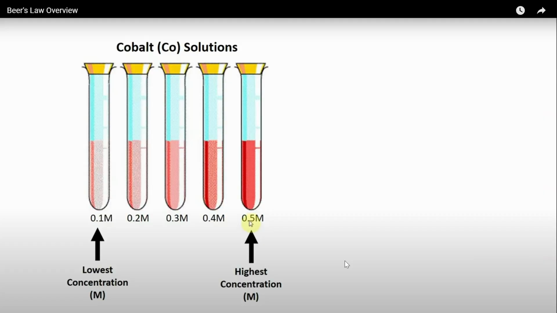We use this to make solutions because the neck is very skinny, so a small difference in volume makes a big difference in the height of the liquid. So you can be very precise. What will we put in here? The solute, whatever it is.